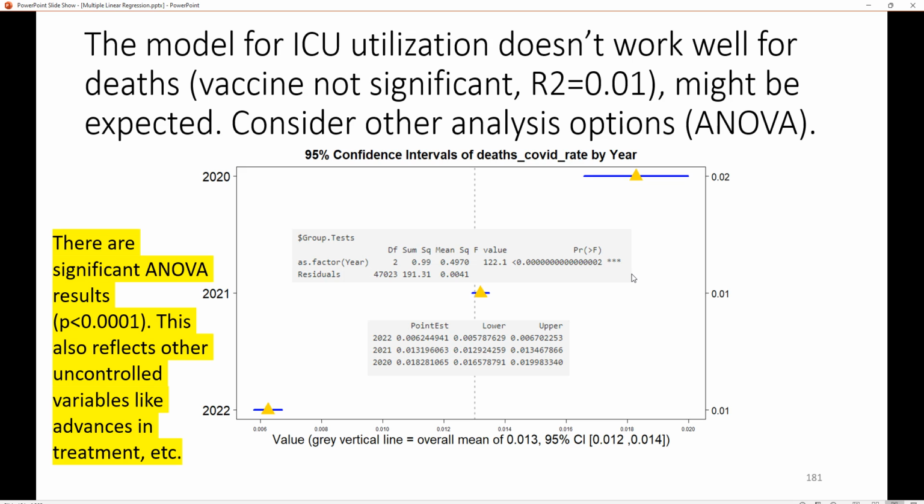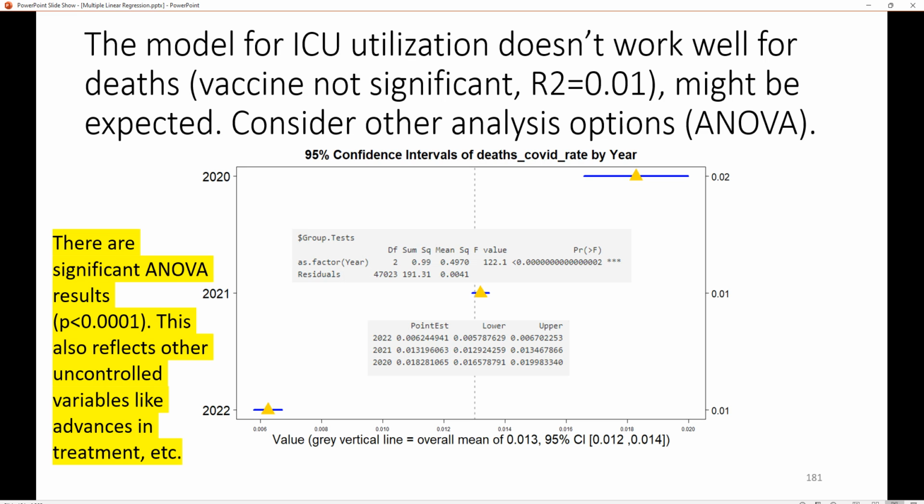In this graph that we have in the center, we see that the mortality rate associated with COVID has gone down each year.